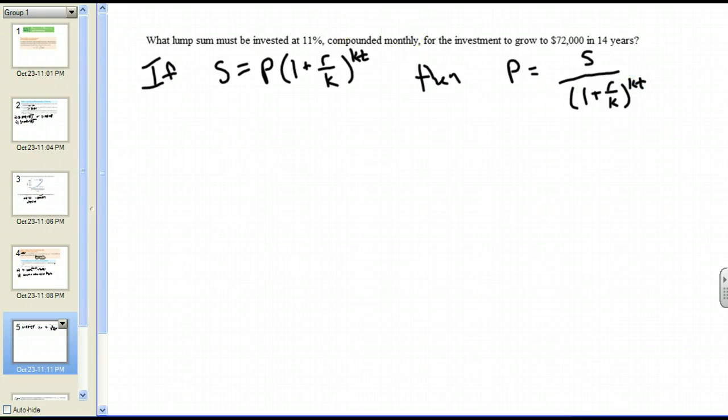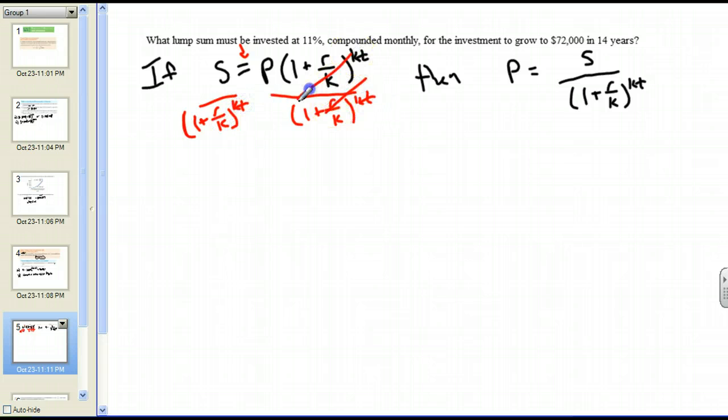Does everybody see why? This is what I've got isolated over here. To get it isolated, I have to divide by all this stuff up above it. And if I do that to the left, to keep this equal sign true, I have to do it to the right. So this cancels over here, and that's where this formula is coming from.